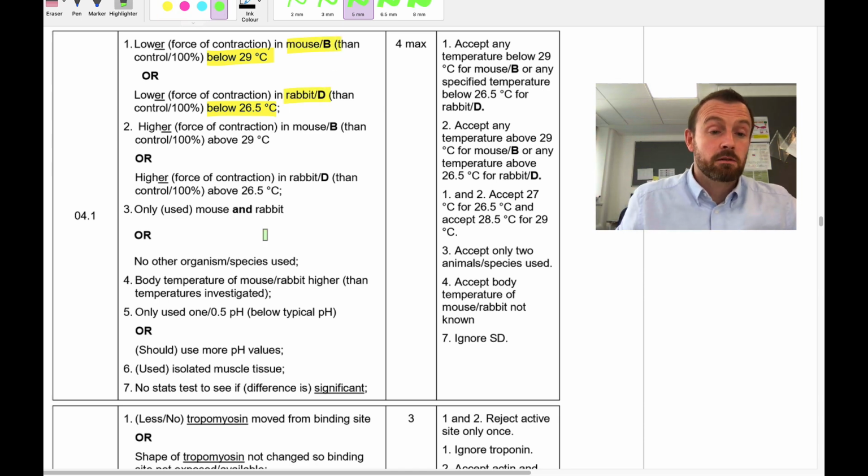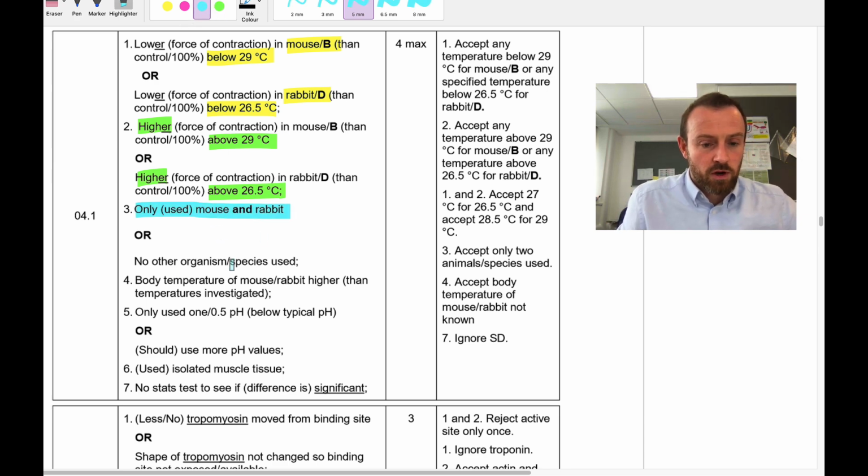One mark for saying that it's higher above those values, higher above 29, higher above 26.5. A mark for saying that only mouse and rabbit were used, no other species. And that last guess that I threw in, it did come up. So body temperature of mouse or rabbit would probably be higher, probably 37.